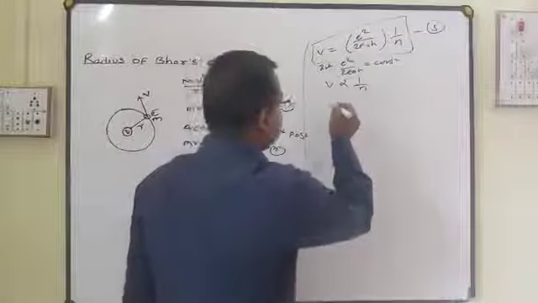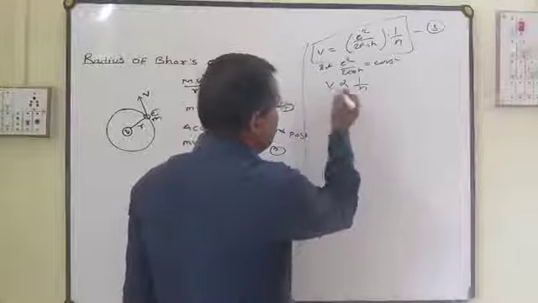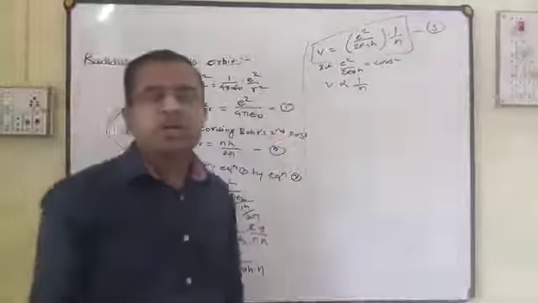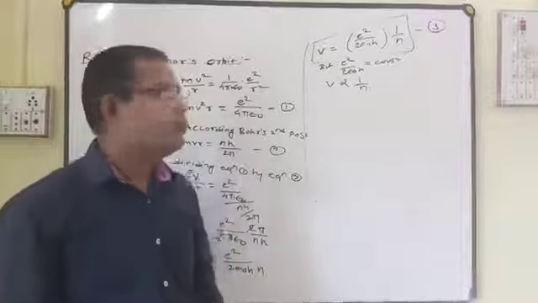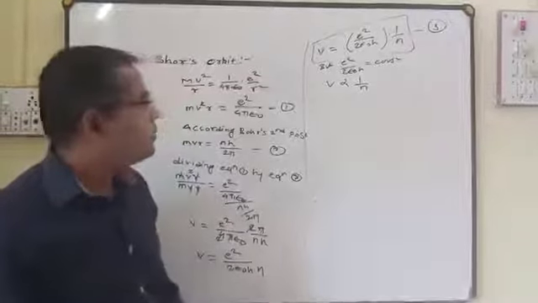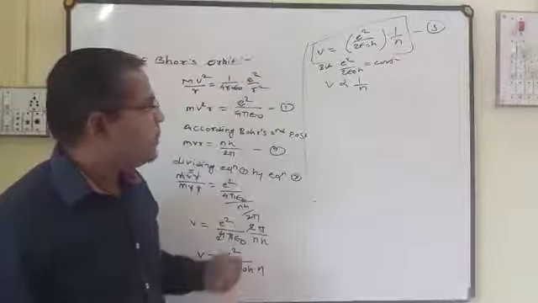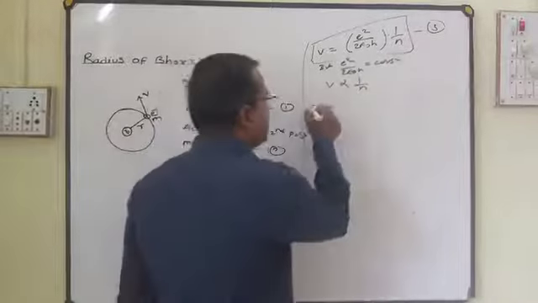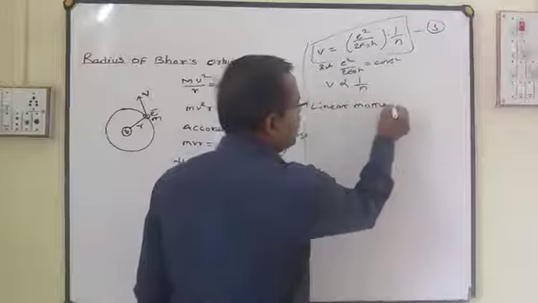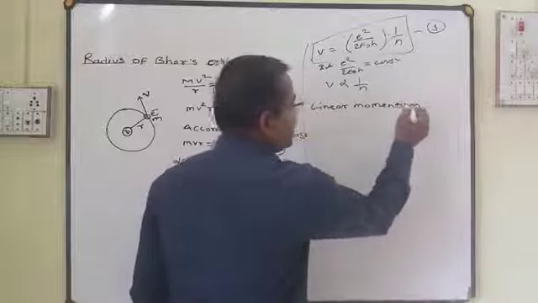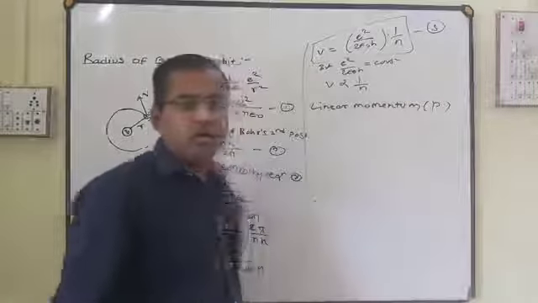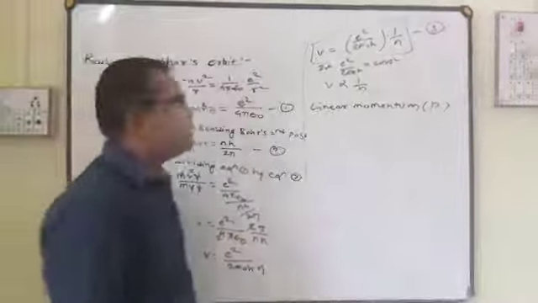Then with the help of this radius and velocity, we can find different formulas, which are very important for solving problems. Then we find out the linear momentum, which we denote as p.